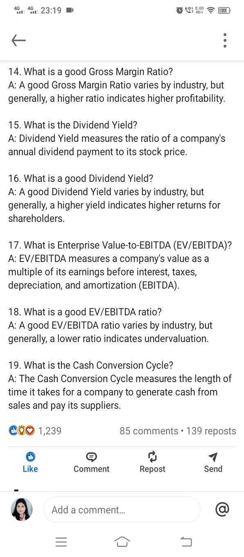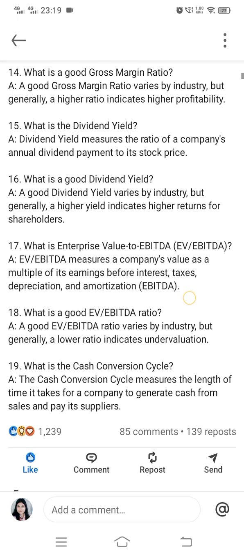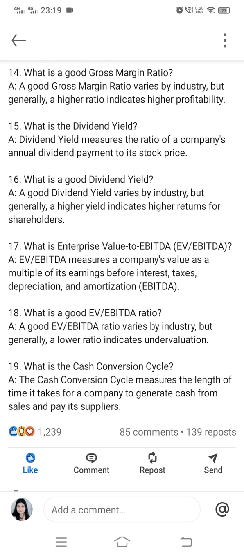And the next question they asked me was, how many types of financial statements are there? I already knew it, so I told them. And it's always good to give the extra answer, and not to restrict ourselves.